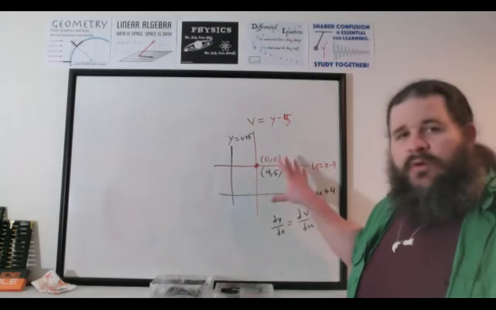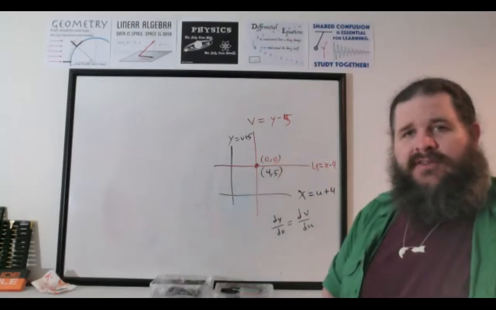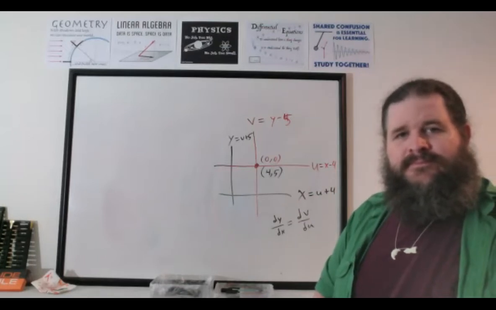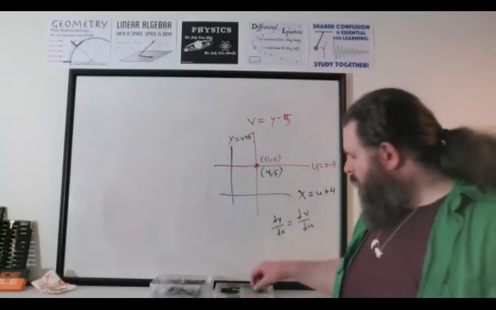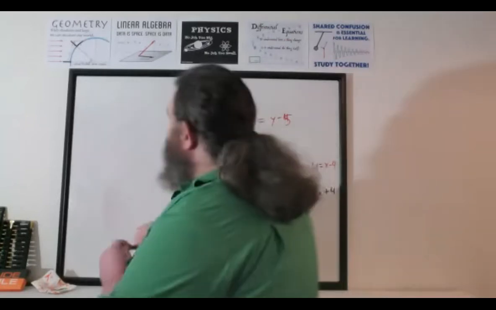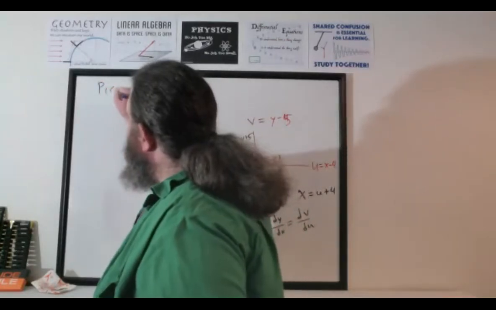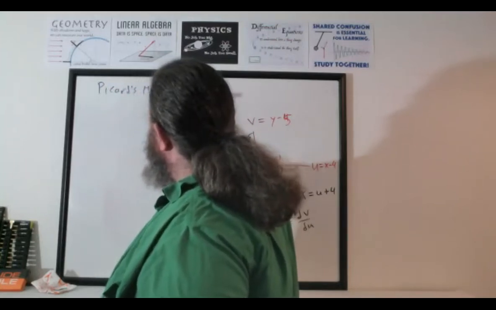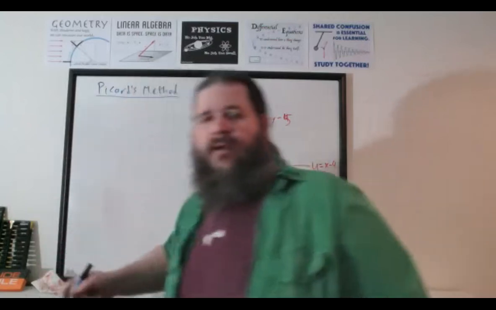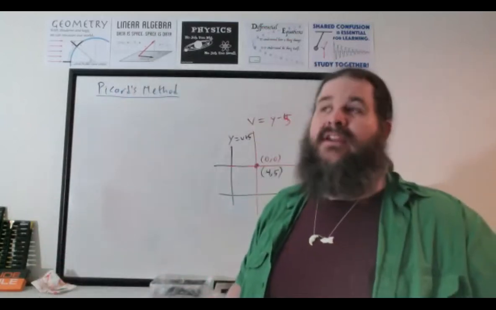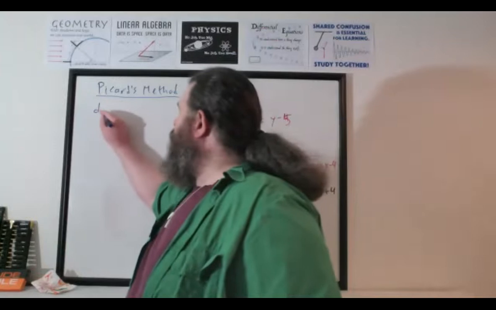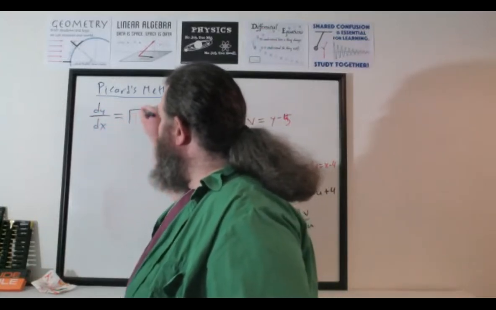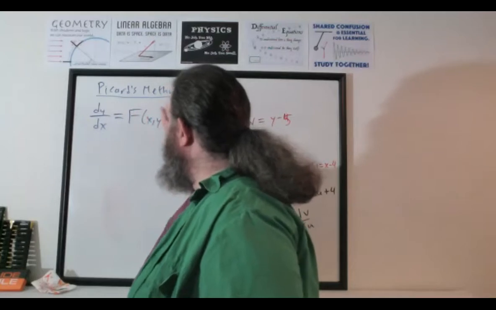Any other questions on the coordinate transform first, before we take a look at the actual approximation method? Okay, so for Picard's method, the idea is we assume we've got some differential equation, some initial value problem with the differential equation dy dx equals some function of x and y.